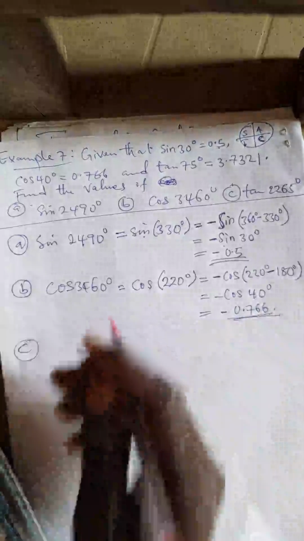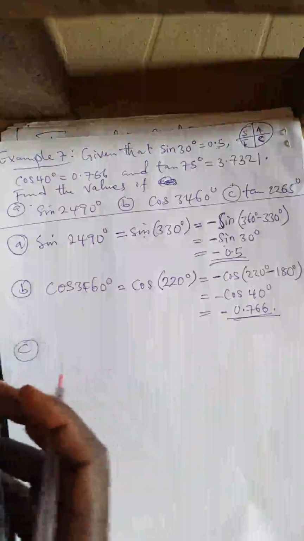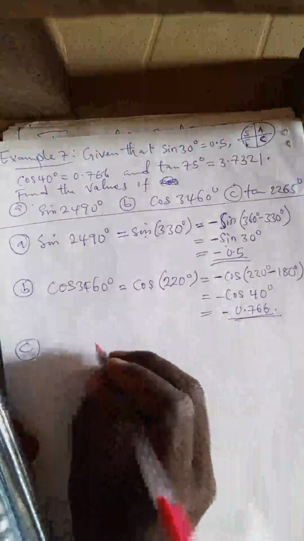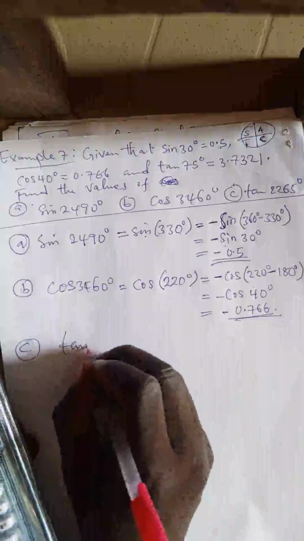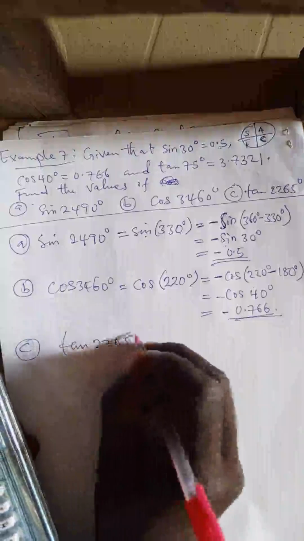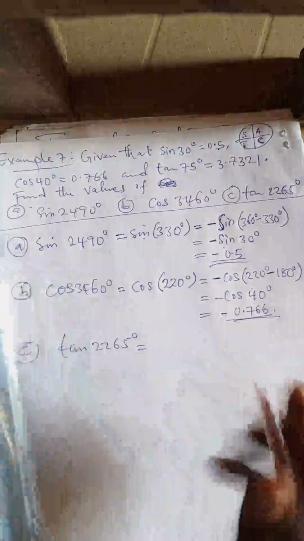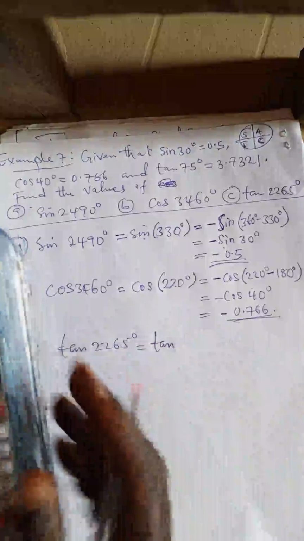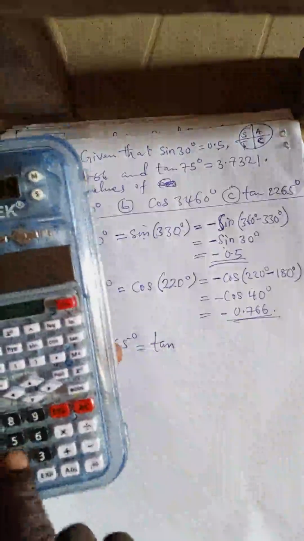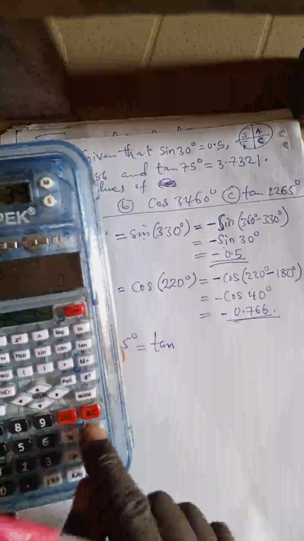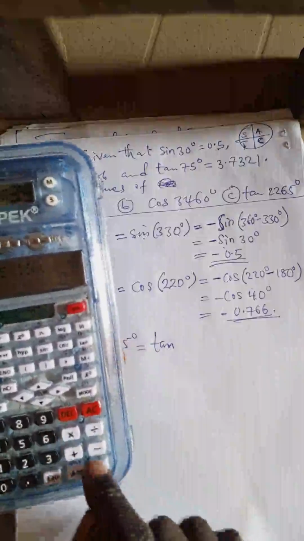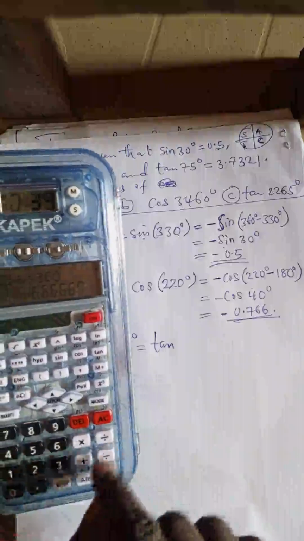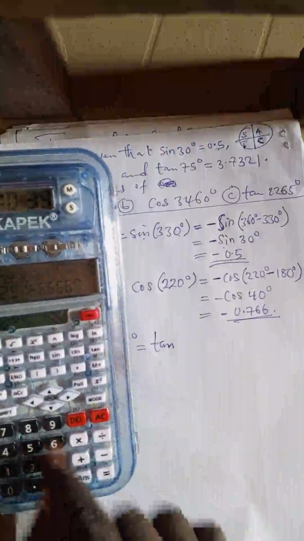Now we go to the C part of the question. The C part says we should evaluate tan 2265 degrees. So this is equal to tan of 2265 divided by 360, and then minus the whole part, which is 6.